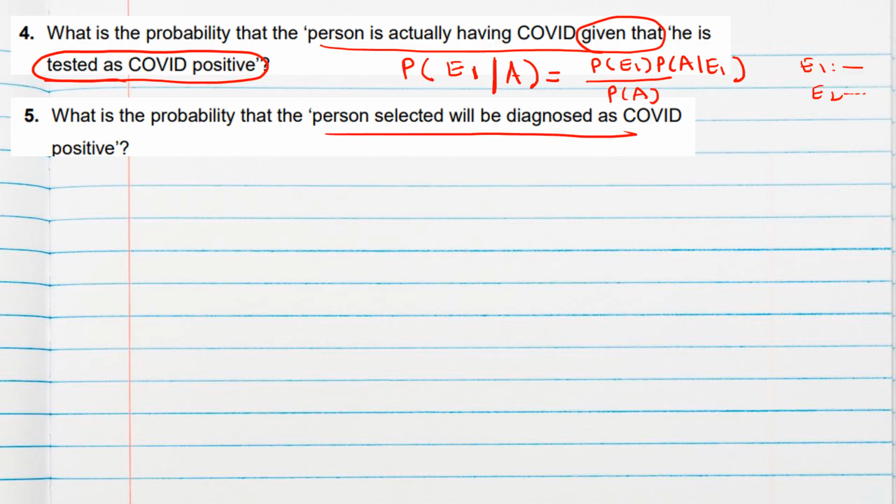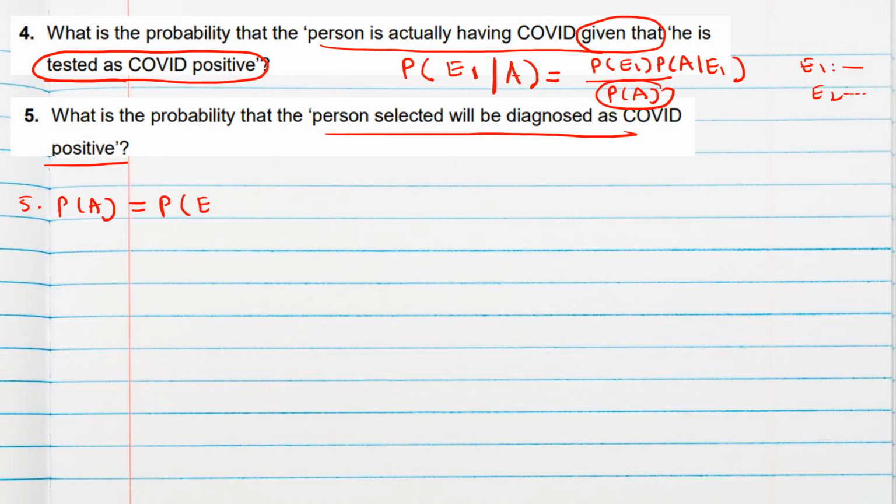Fine. What is the probability that the person selected will be diagnosed as COVID positive? So question number 5 actually says total probability of getting COVID positive, probability of A. So I will find question 5 first, then the same value of P of A I will use for question 4 directly. So probability of getting COVID positive means what?